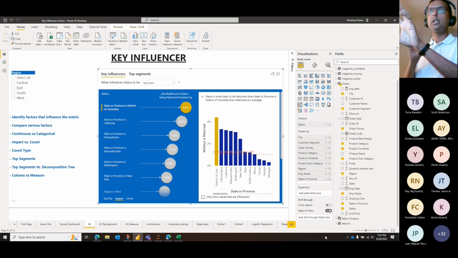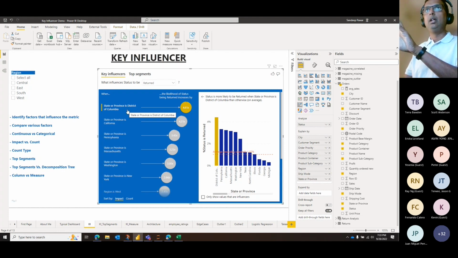Now we are only looking at District of Columbia, then the likelihood of the product being returned increases by 4.61 times.